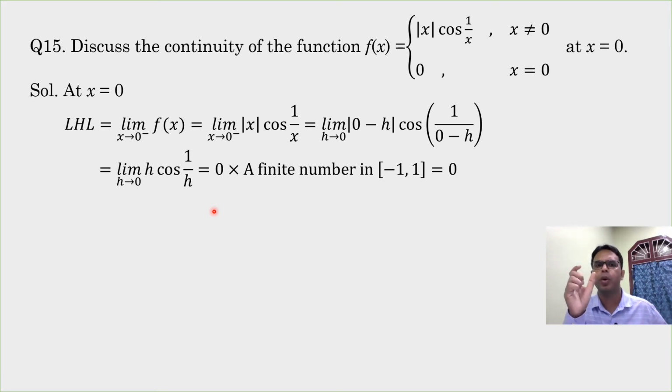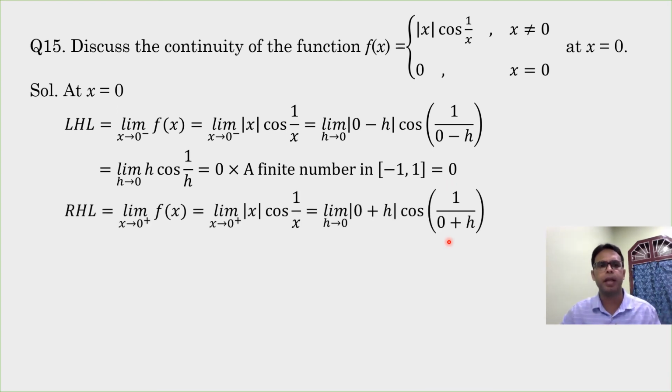We are not sure what the value of cos of 1 by h will be, but it is a finite value in the interval minus 1 to 1. Zero into a finite number, whatever the number between minus 1 and 1, will give us 0. So the left hand limit is 0.